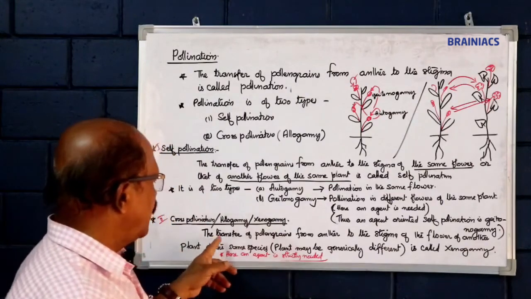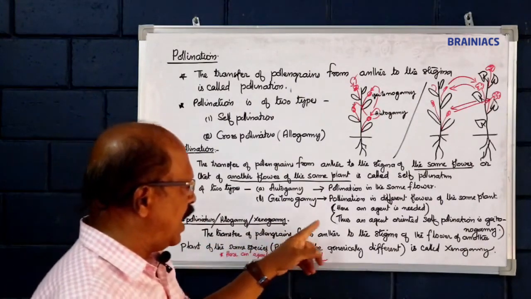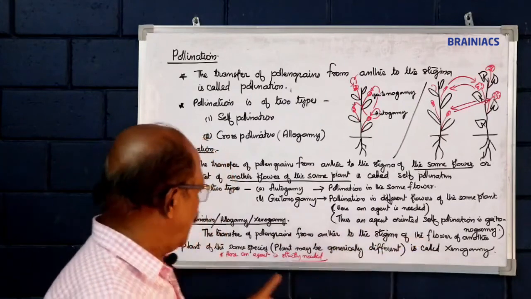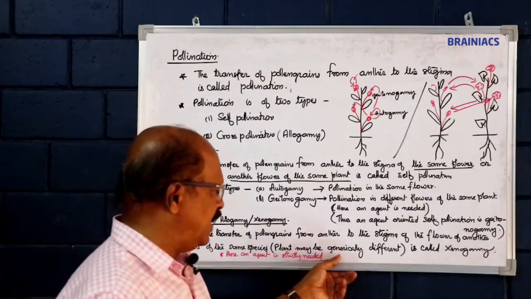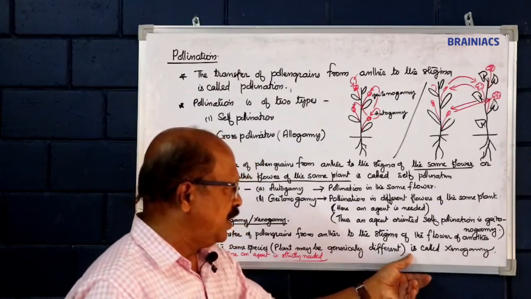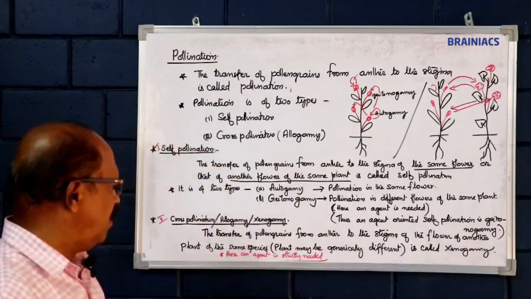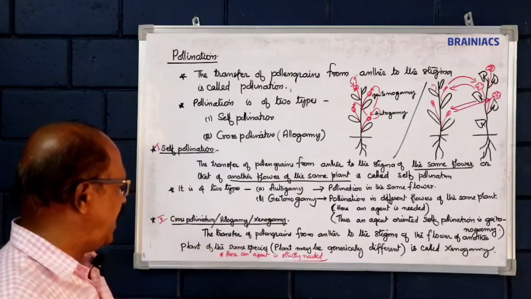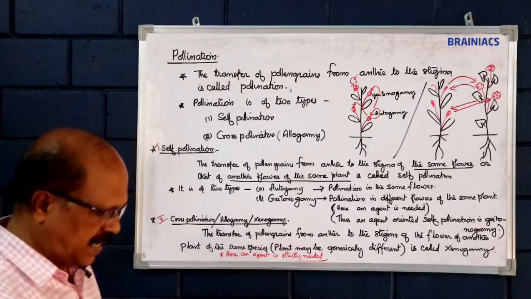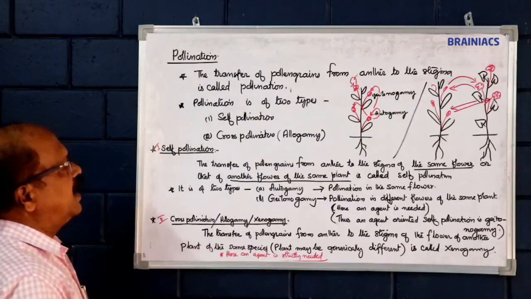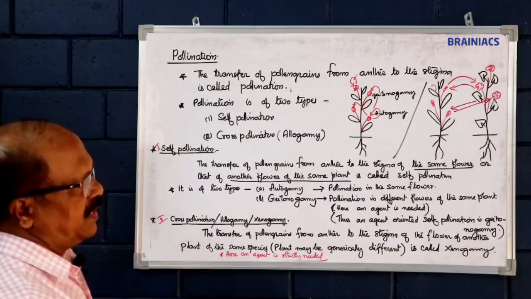So the transfer of pollen grains from anther to the stigma of the flower of another plant of the same species, the plant may be genetically different, is called xenogamy or allogamy or cross-pollination. Here an agent is strictly needed, and that is the general account of pollination.